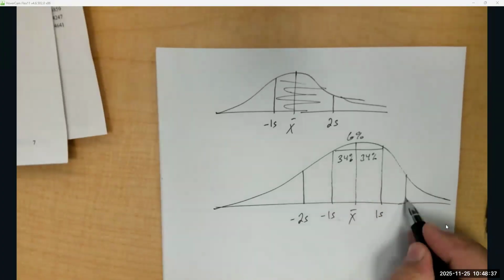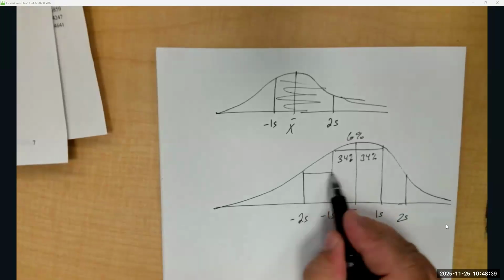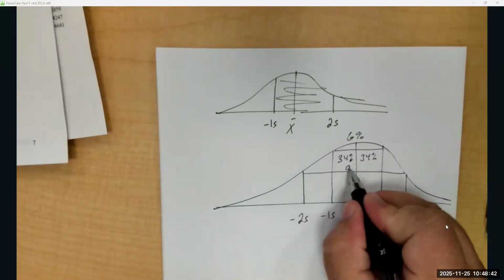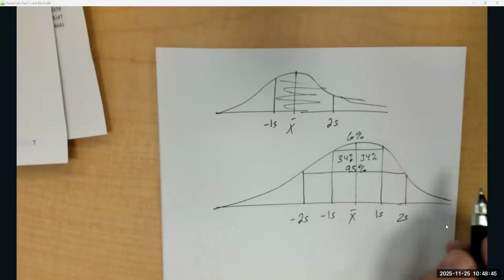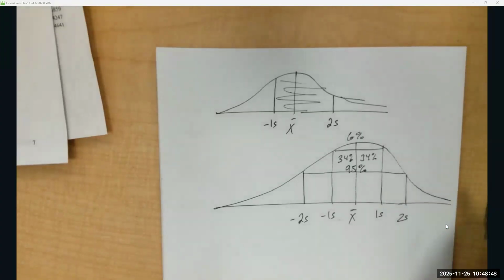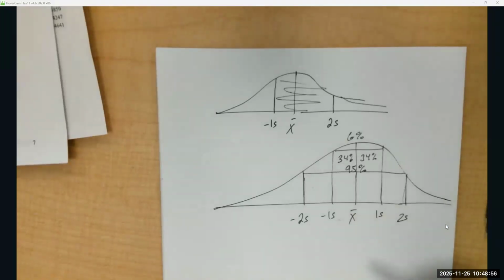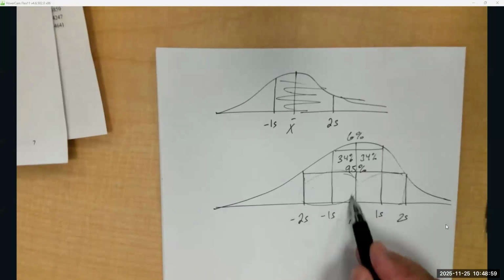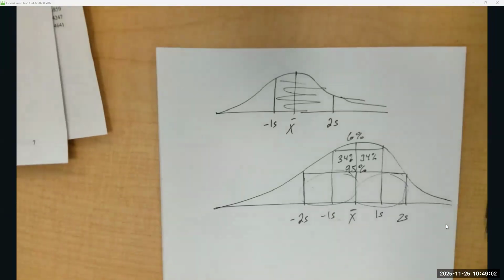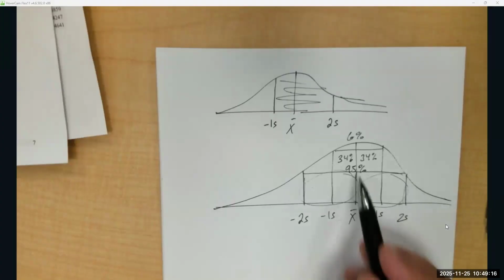Two standard deviations is how much? Approximately 95%. So since this is 95% from here to here, how much is in each half? How much is in here and how much is in here? 47.5, because it's half of 95.